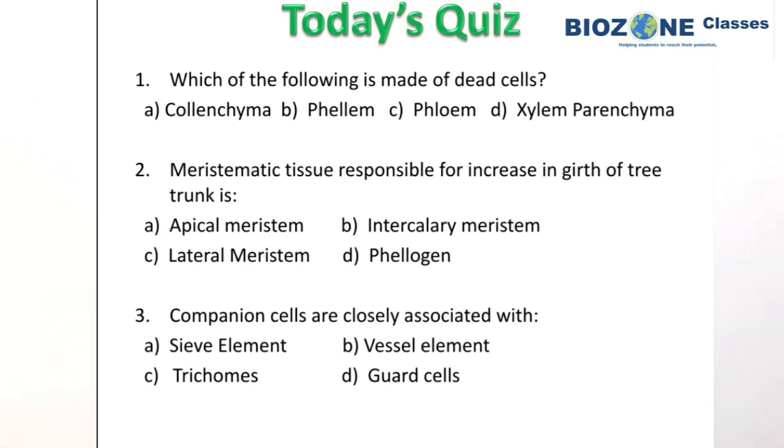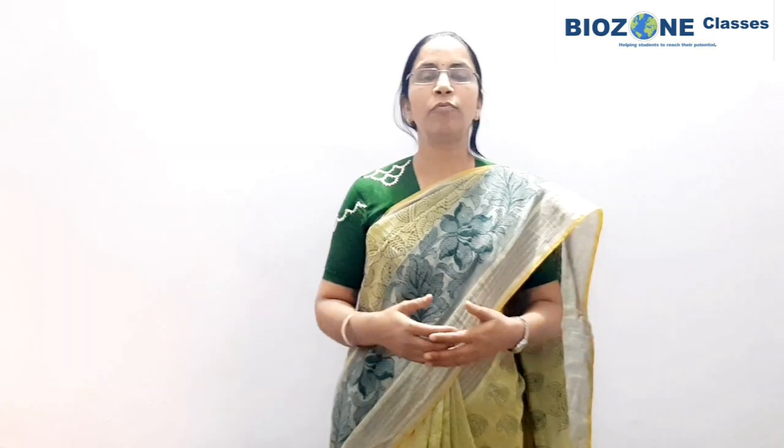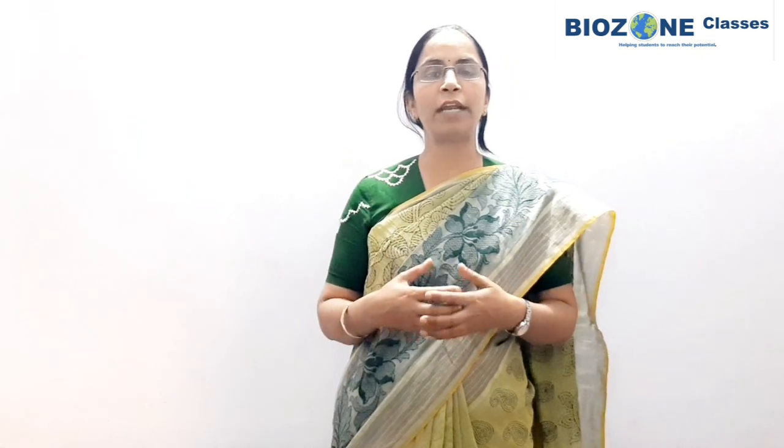The third question: the companion cells are closely associated with. Options are A. Sieve element, B. Vessel element, C. Trichome, and D. Guard cell.